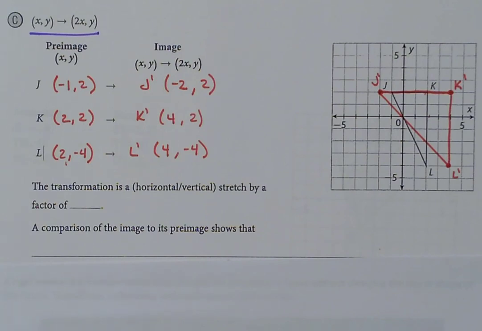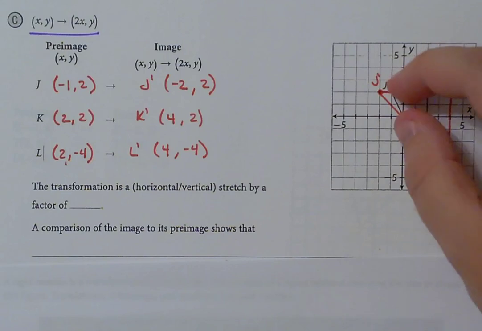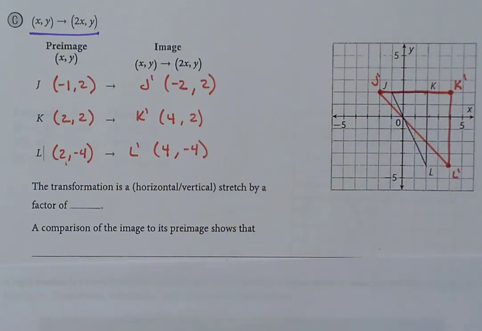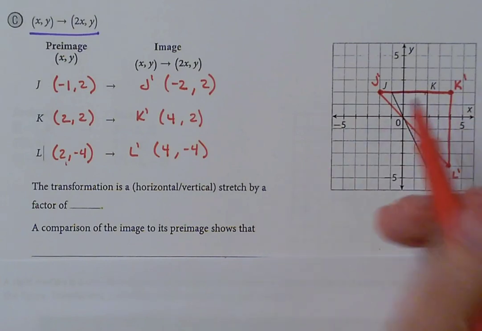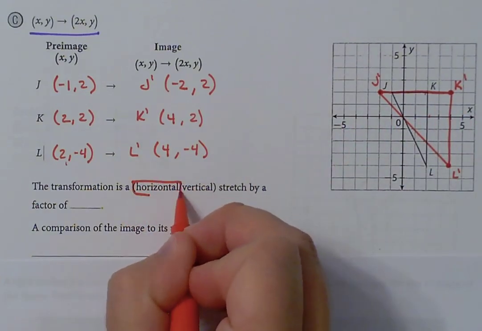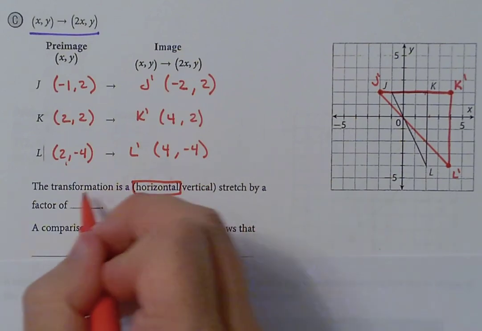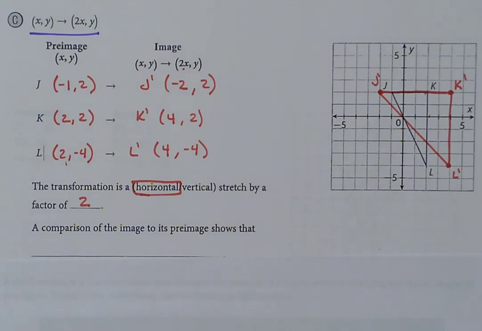Now, the transformation is going to be a stretch. Now, does this stretch moving horizontally, or does it stretch vertically? In this case, because it gets longer, horizontally is left to right, so it's a horizontal stretch by a factor of 2, because we multiplied by 2.